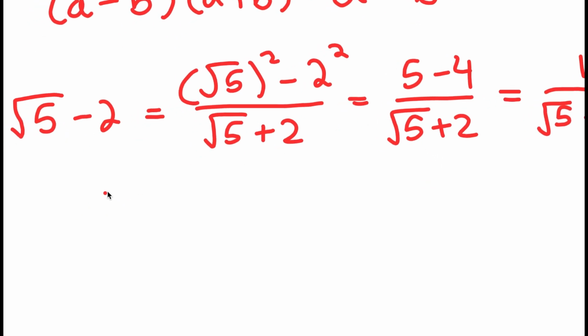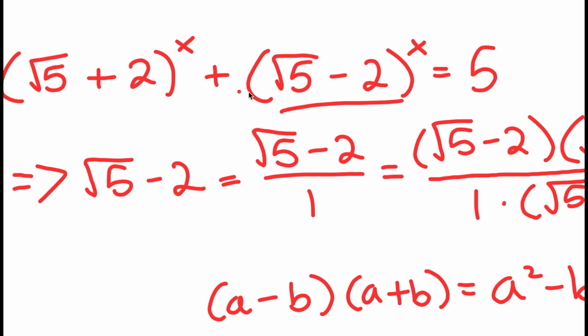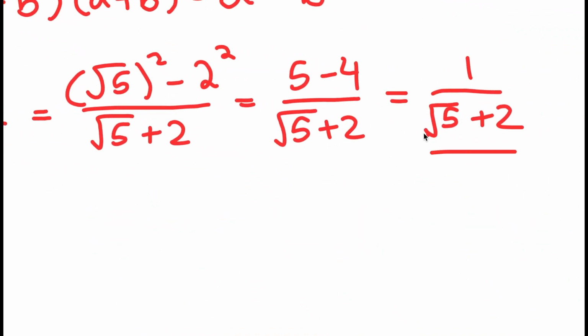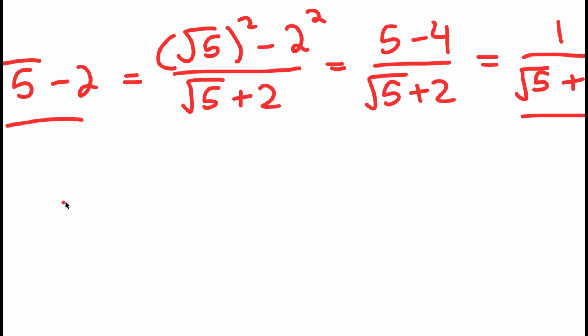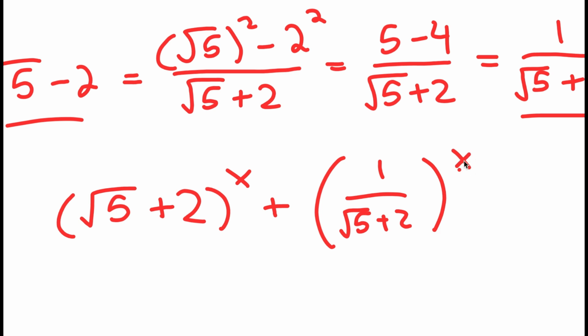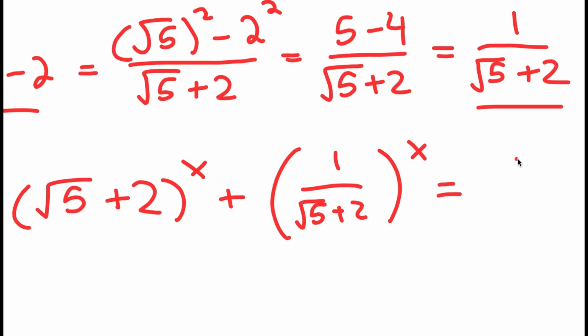Now from here, we're going to look into the square root of 5 plus 2 to the power of x, because we know that the square root of 5 minus 2 is equal to 1 over the square root of 5 plus 2. So I have the square root of 5 plus 2 to the power of x plus 1 over the square root of 5 plus 2 to the power of x, which is again the value of the square root of 5 minus 2, is equal to 5.